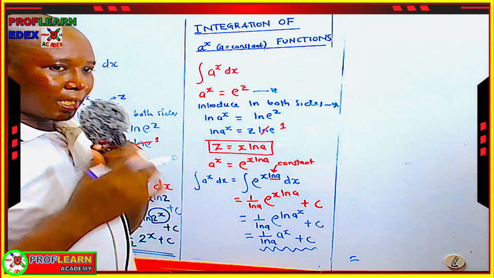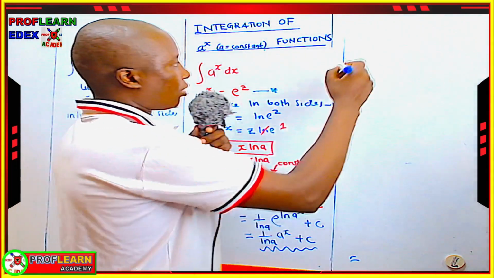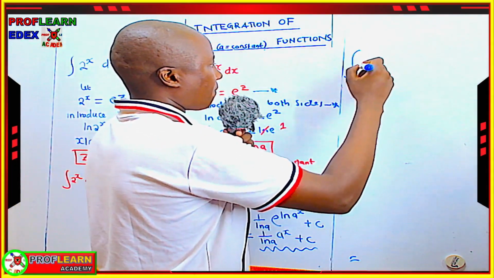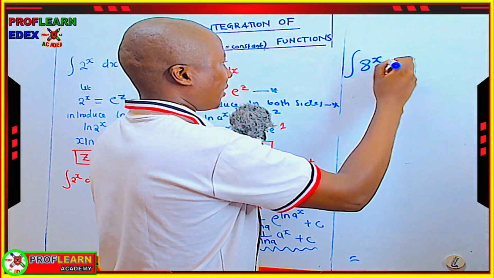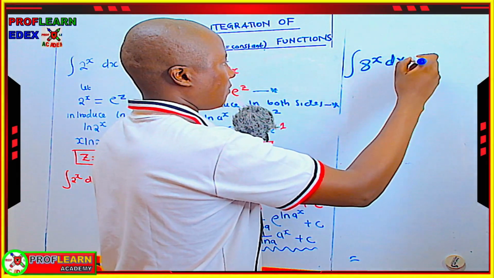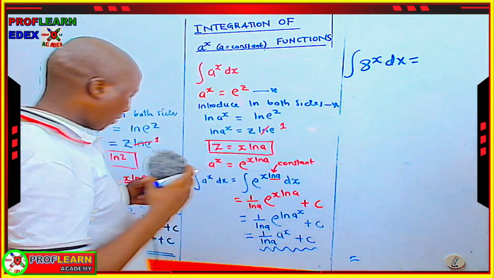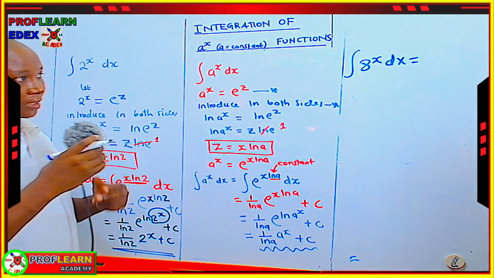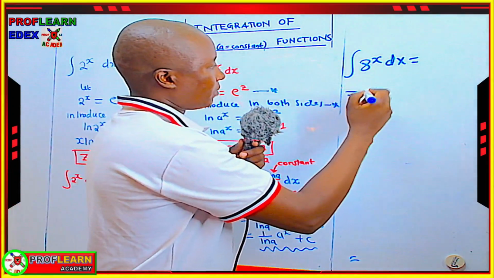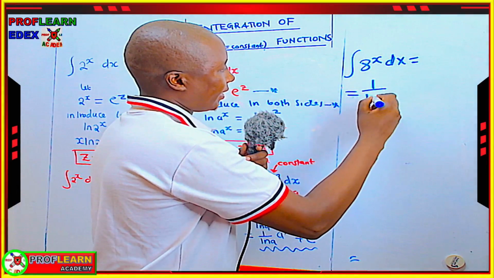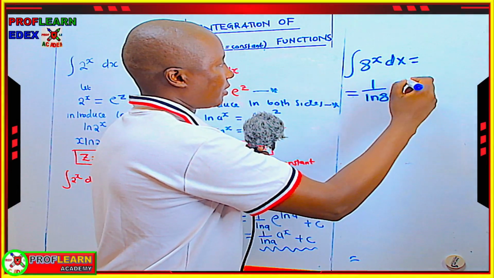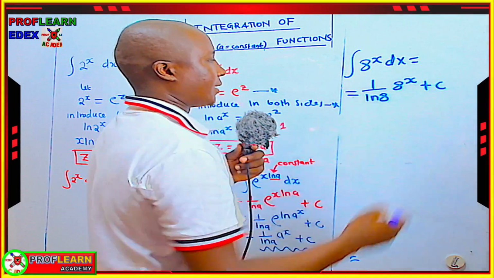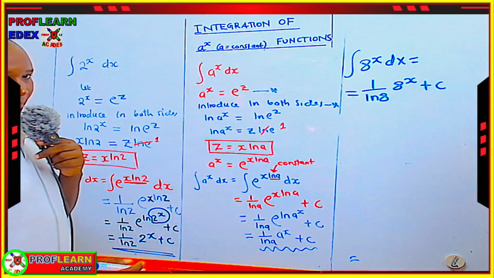So in simple terms, anytime you are going to integrate an expression like 8 raised to power x with respect to x, from this process we have done, you can see it always becomes 1 over ln of the constant you have, then 8 raised to power x, then plus c, the way we have written there.